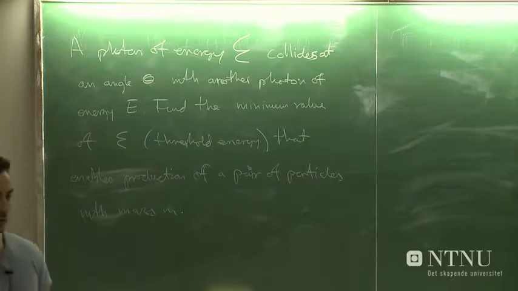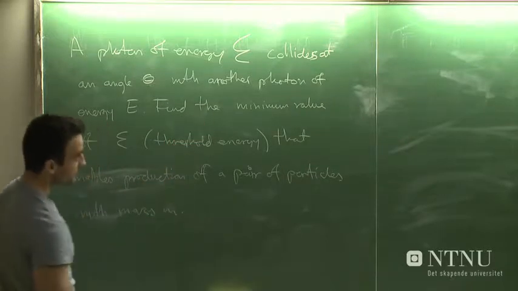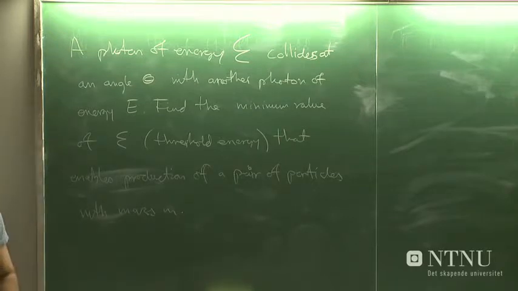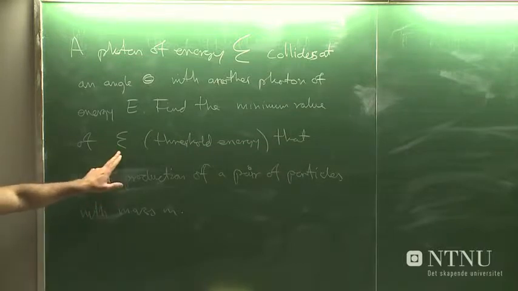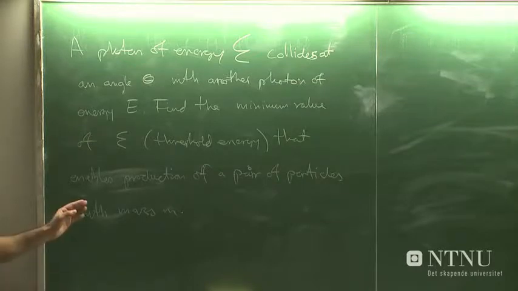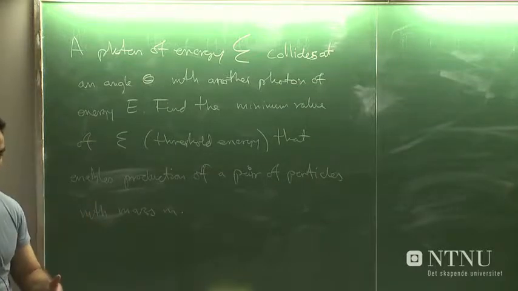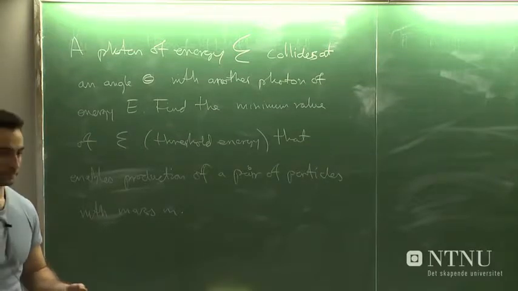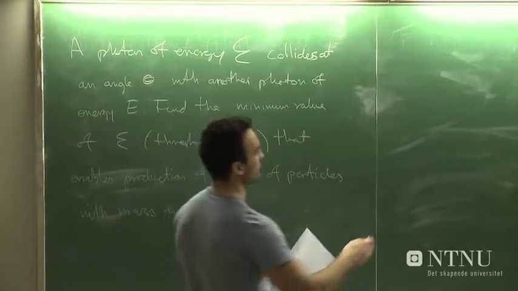So the task is as follows. We have a photon of energy epsilon, which collides with another photon at an angle theta. Find the minimum value of epsilon, in other words, the threshold energy that enables this collision to produce a pair of particles, each with a mass m. So let me just draw this for you.